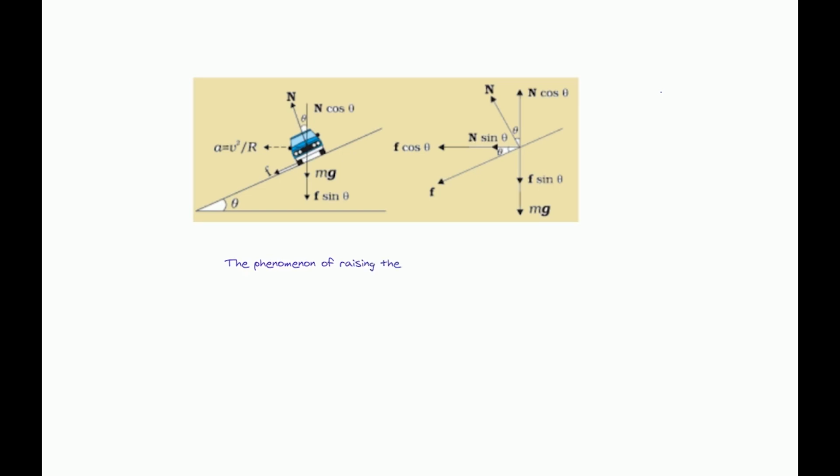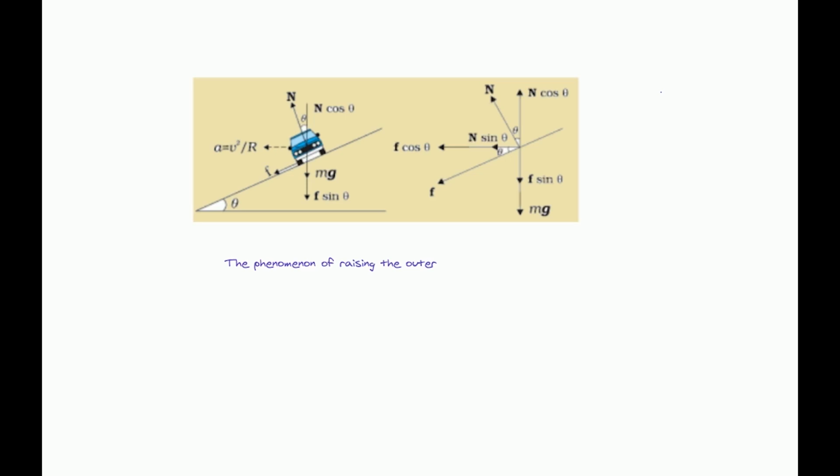Ma'am, in our notes, which ma'am had given us in class, she had written that we can reduce the contribution of friction to the circular motion of the car if the road is banked. How does that happen? We are actually not reducing the friction. We are reducing the dependency on the friction.